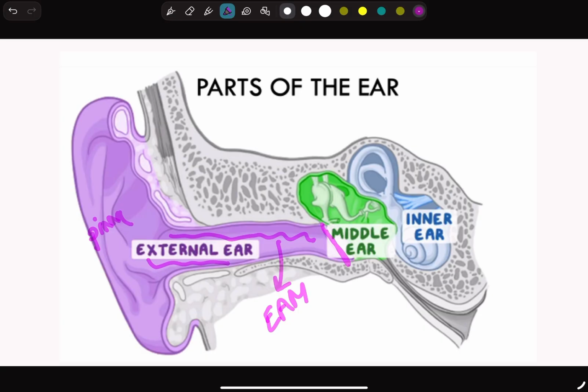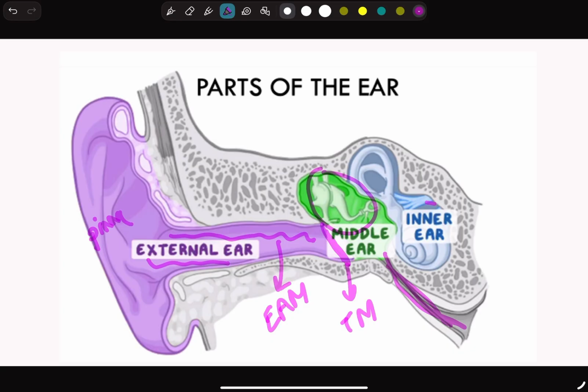And in between the external and middle ear, here is the eardrum or the tympanic membrane. The middle ear will have the ossicles, the eustachian tube here. These are the important structures that we should know.